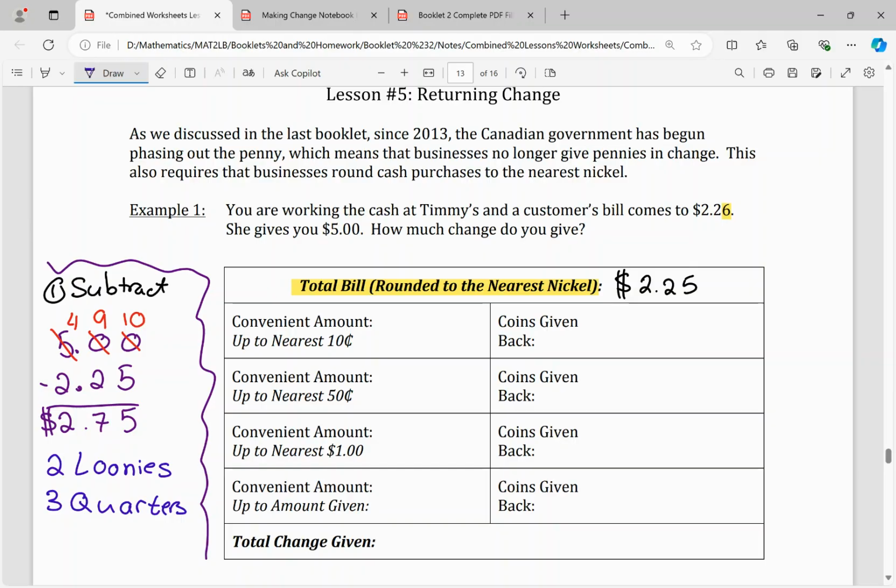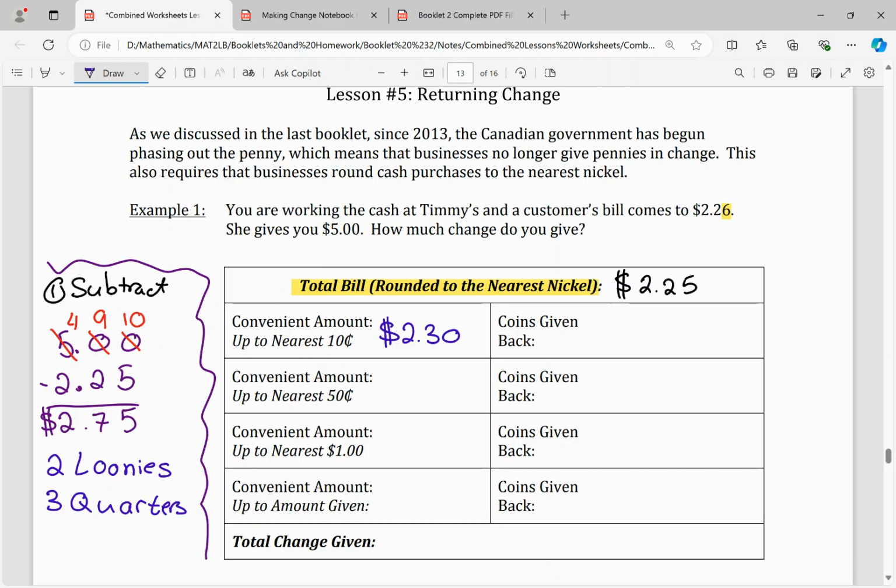Going up in increments, we need to count all the way from $2.25 to $5. Start off by counting up to the nearest 10 cents. So if we start at $2.25, going up to the nearest 10 cents would be $2.30. I'm not rounding, I am going up to the nearest increment of 10 cents.